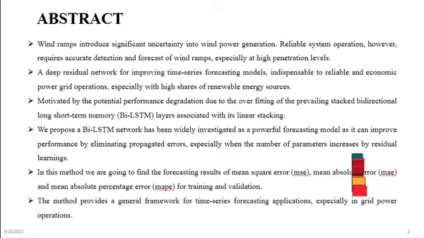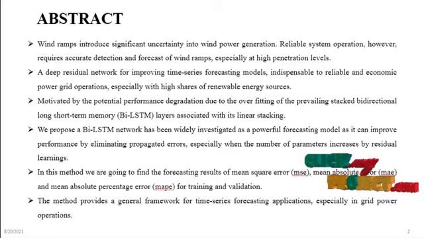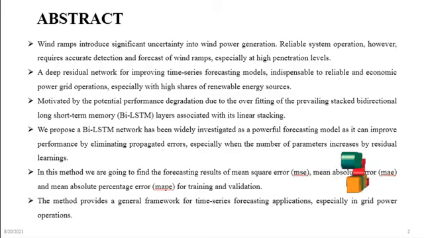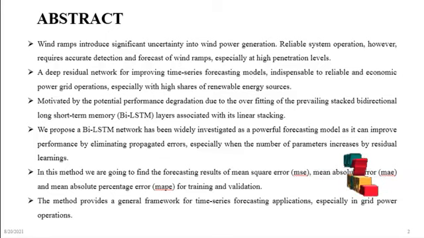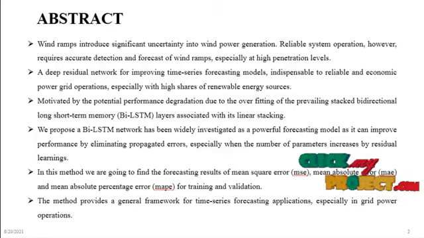Motivated by the potential performance degradation due to the overfitting of the prevailing stacked bidirectional long short-term memory layers associated with their linear stacking, we propose a residual Bi-LSTM network. Bi-LSTM has been widely investigated as a powerful forecasting model, as it can improve performance by eliminating propagated errors, especially when the number of parameters increases, by residual learning.